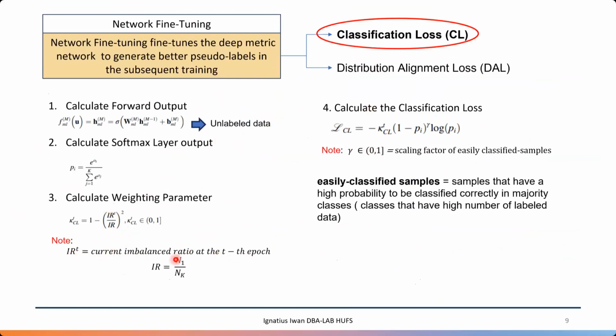And for the IR, how we calculate it is to find the class with the biggest sample count divided by the class with the smallest sample count, N_K. And then we calculate the modified cross entropy loss. And then there is a parameter for the scaling factor of easily classified samples. And this is the definition of the easily classified samples, which are samples that have a high probability to be classified correctly in majority classes.